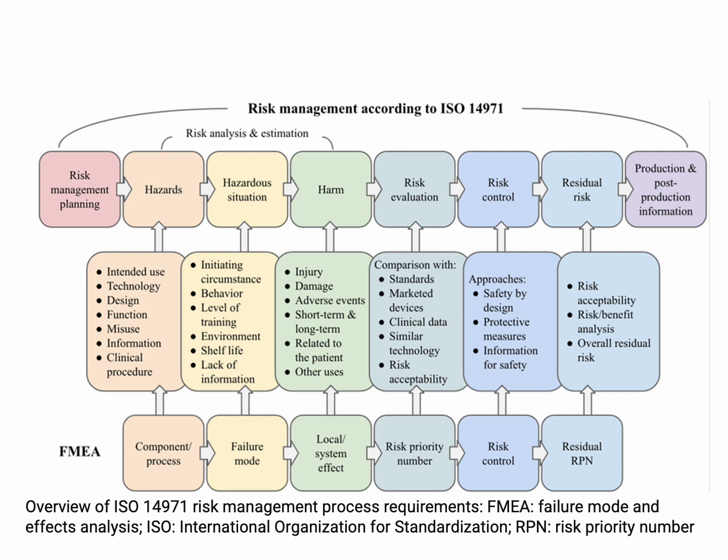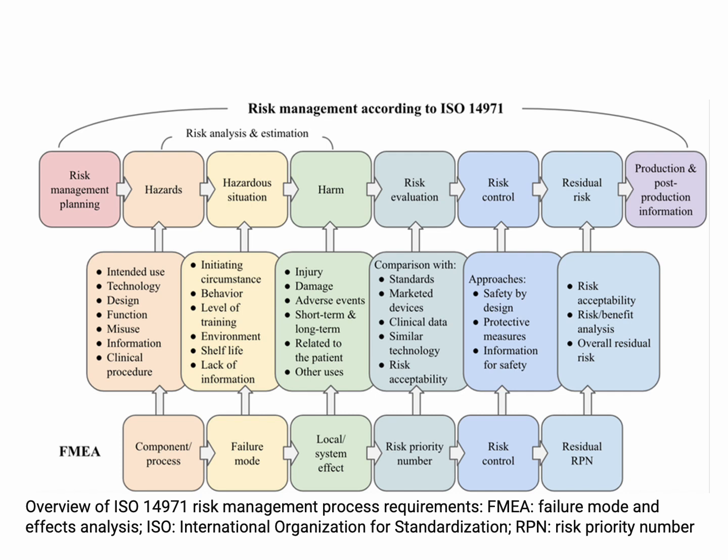Now, if you were to look into the hazards, you can look into the intended use, the technology, checking the design, the function, ways of misuse, for example, risk of misuse, clinical information and clinical procedures. If you would like to look into hazardous situations, you are going to look into behavior, level of training, environment, shelf life, or lack of information. These are the hazardous situations.